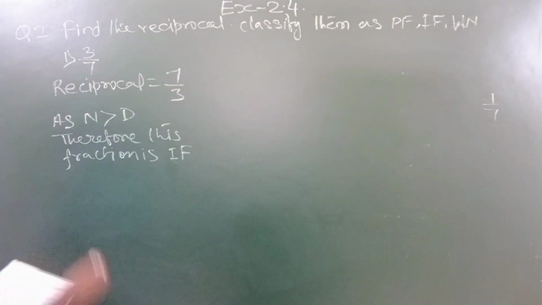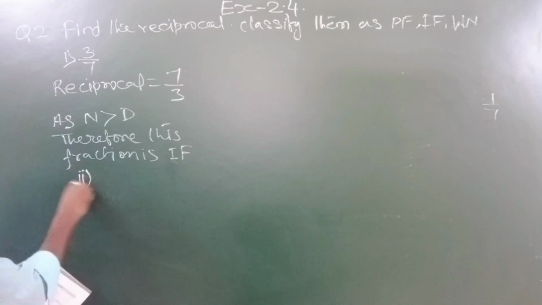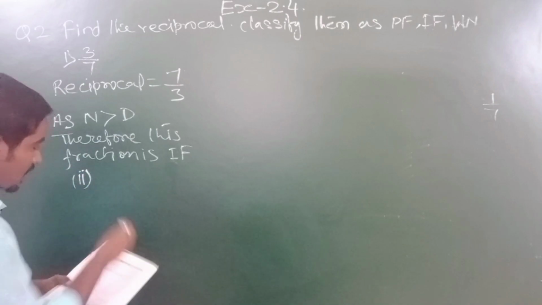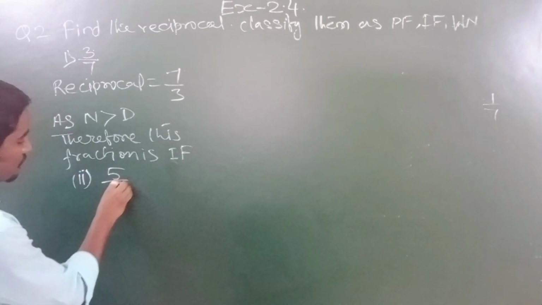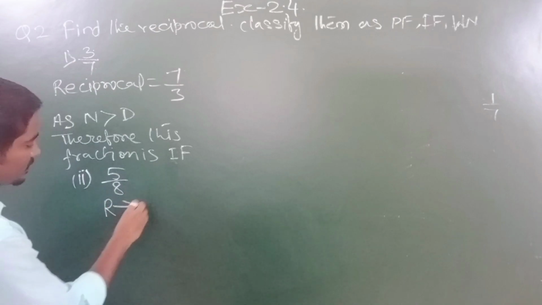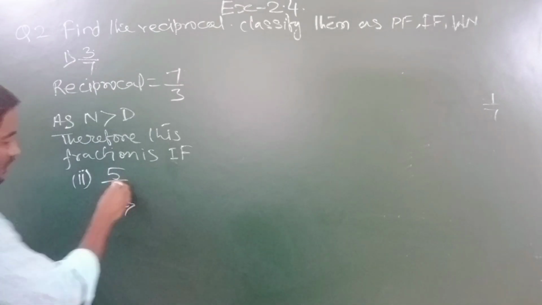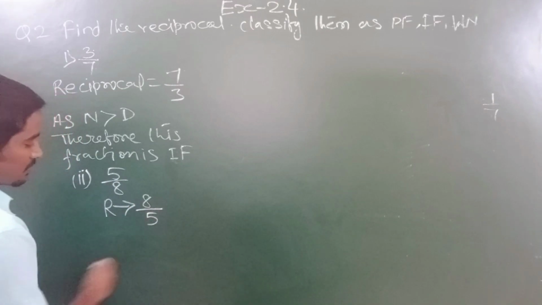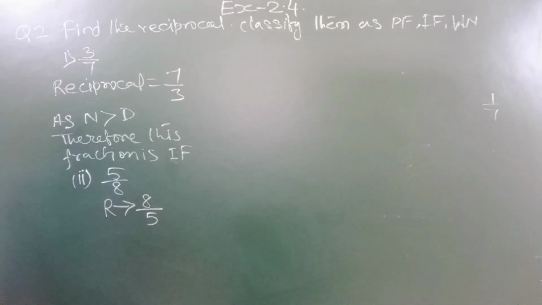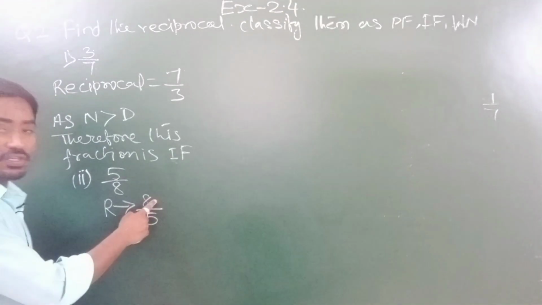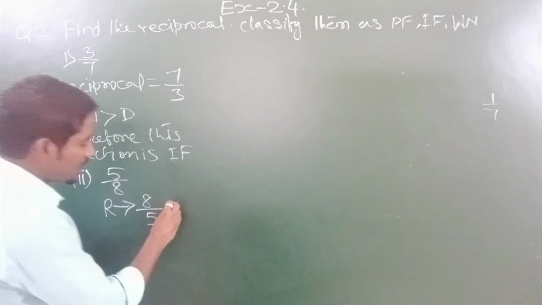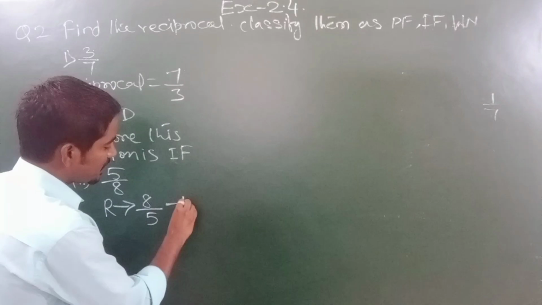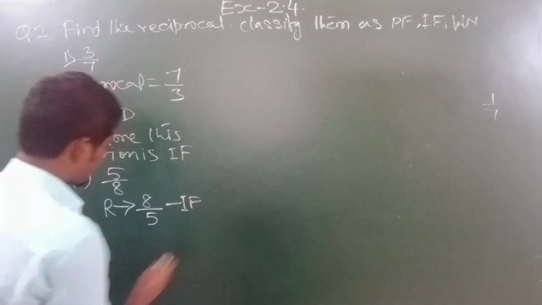Next, segment number 2. In segment number 2 we have 5 upon 8. First we will find the reciprocal. How much will the reciprocal be? Its numerator will become the denominator and the denominator will become the numerator. Again here, students, the numerator is greater than the denominator, and hence this again will be an improper fraction.